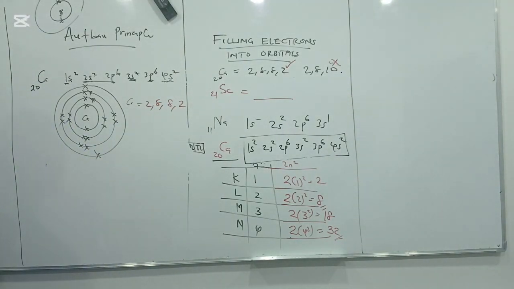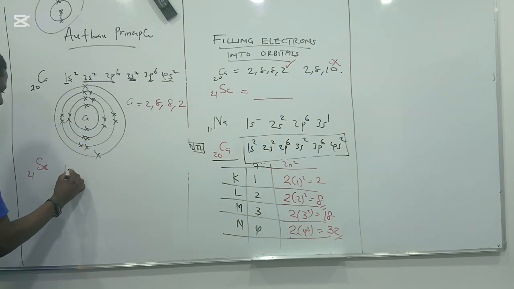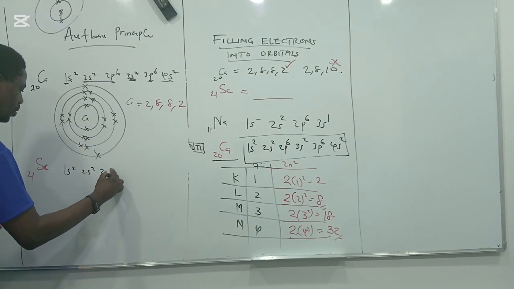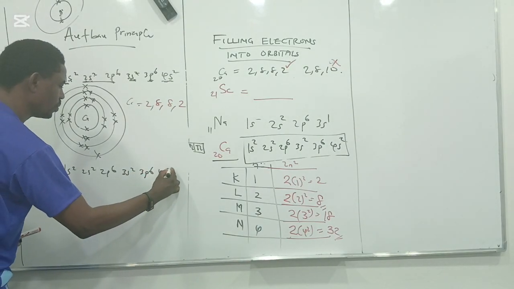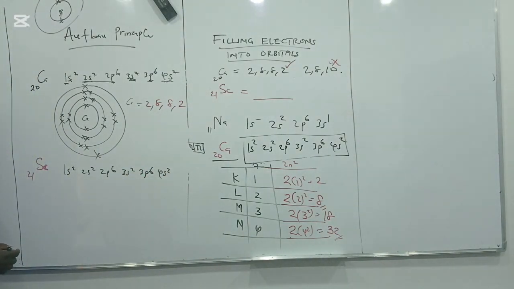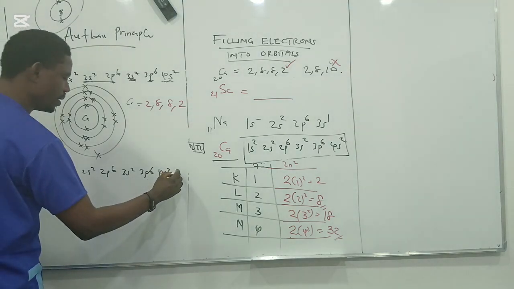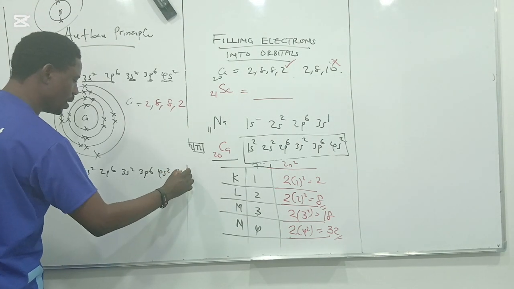All right, so let's go to scandium, which is 21. If I want to write scandium, I will first of all get to calcium, which is 20: 1s2, 2s2, 2p6, 3s2, 3p6, 4s2. After 4s2, what's the next one? Based on what we wrote before, that is 3d1.